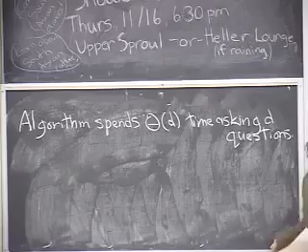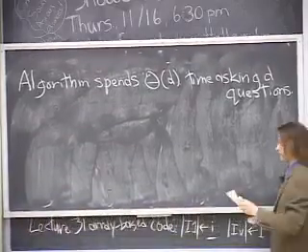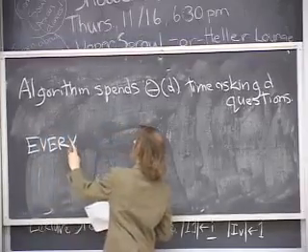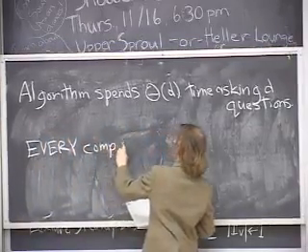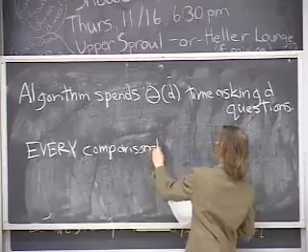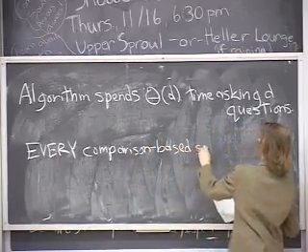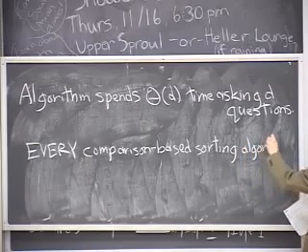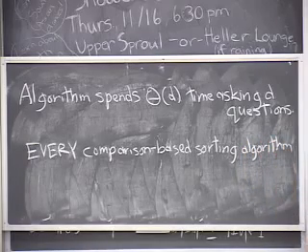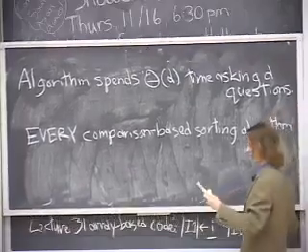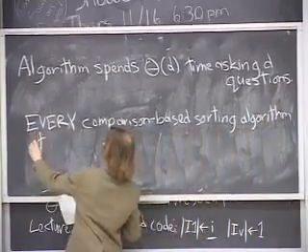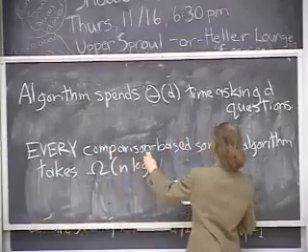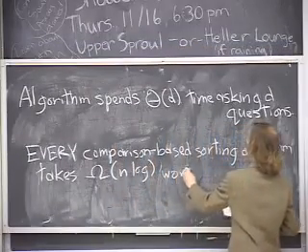And since d has to be at least as big as n log n, that means, in conclusion, every comparison-based sorting algorithm, or at least every correct comparison-based sorting algorithm that actually works, takes omega n log n worst case time.